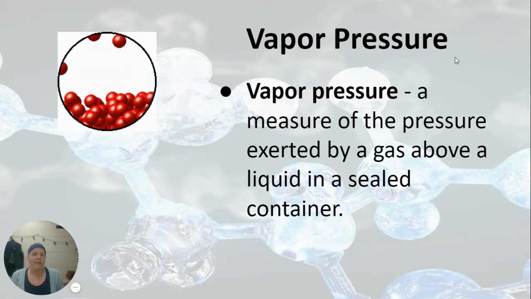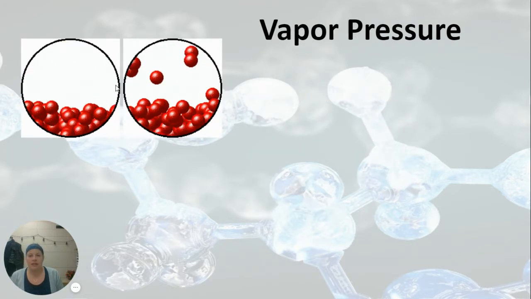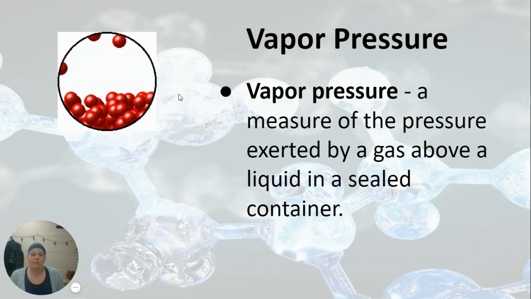All liquids have a teeny tiny amount of vapor that sits above them. And what happens is, you can kind of see in this animation here, that if you think about it, all particles, unless we are at absolute zero, are moving a little bit. And as they move more and more, they have what's called kinetic energy.